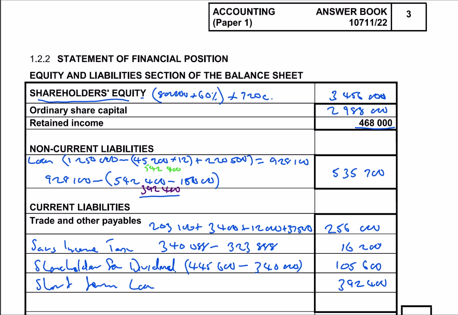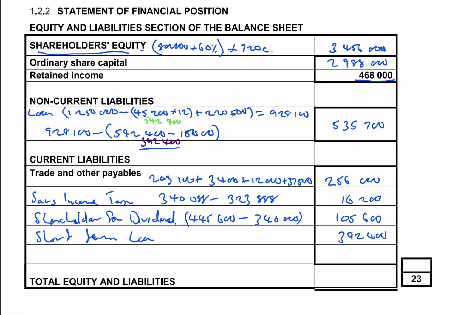Right, then adding current liabilities, we have 256,000 plus 16,200 plus 105,600 plus 392,400. That's 770,200.